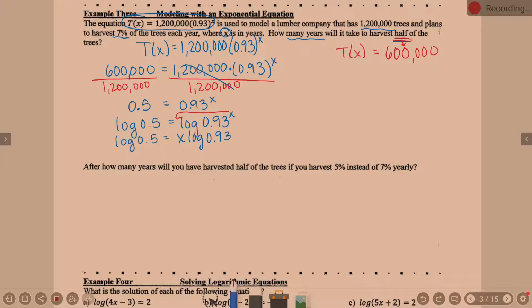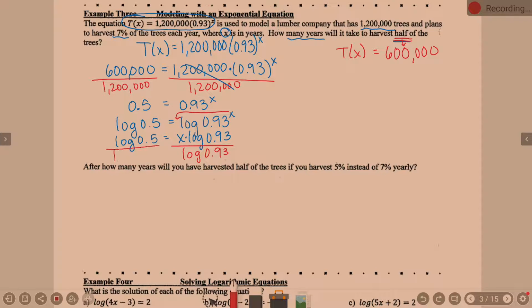How do I solve for X? If it's X times the log, we want to divide by the log. So we're going to divide by log of 0.93.